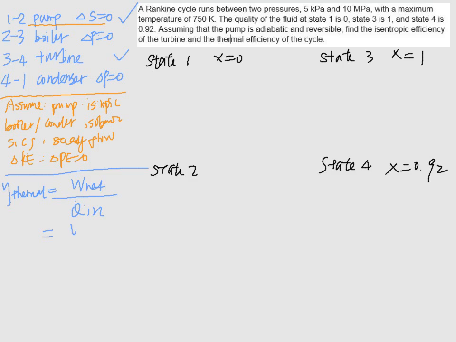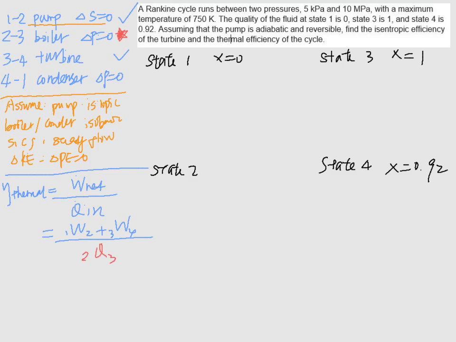So basically that means it's work from 1 to 2 plus work from 3 to 4 over the only heat input, which in this case is just the boiler. A lot of people are confused about this, but this is the only thing that we pay for.